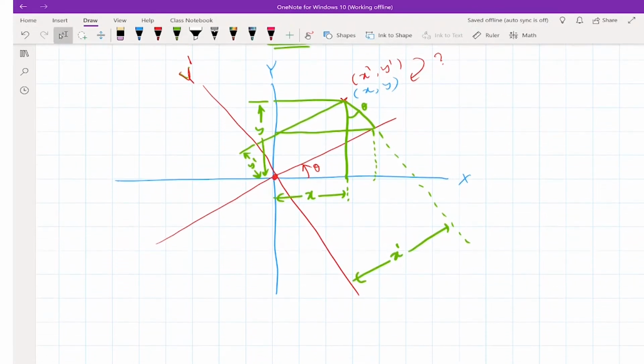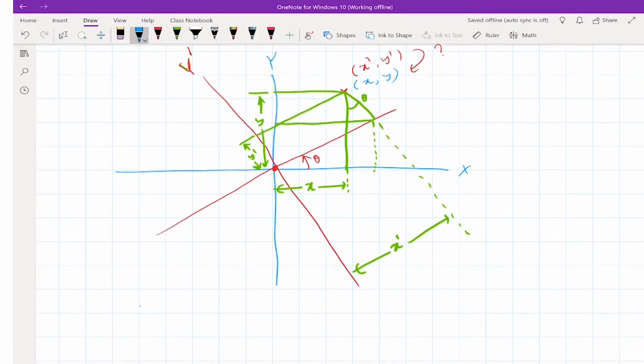Now let's try to write the expression for x in terms of x prime, y prime and theta. This being equivalent to x prime, the whole line, with angle theta, this would be equal to x prime cos theta. And what about this?